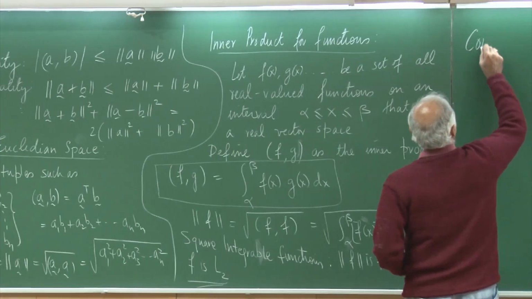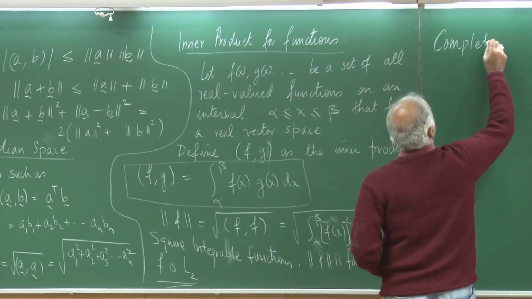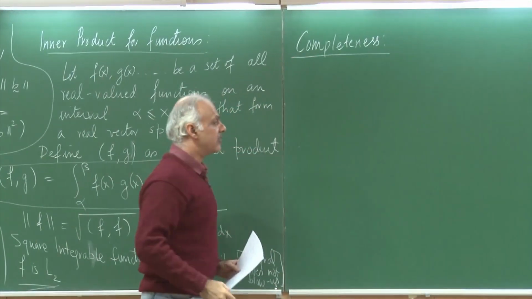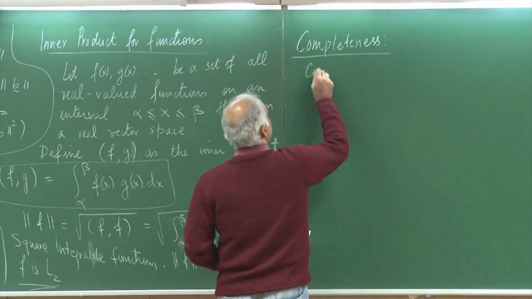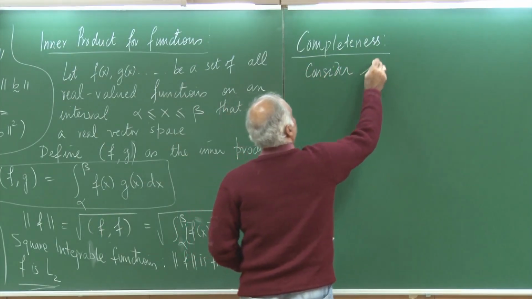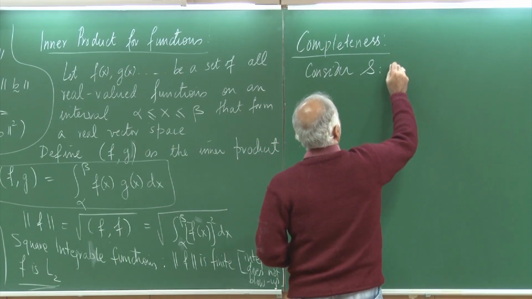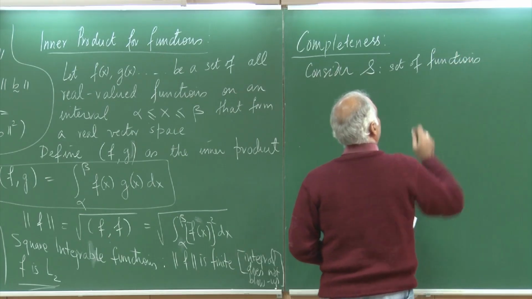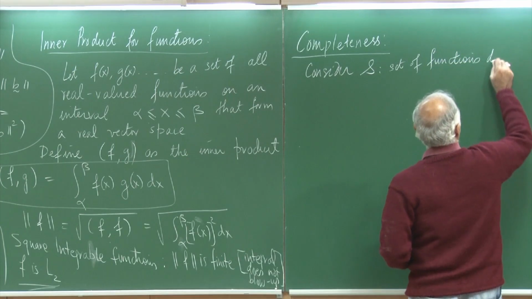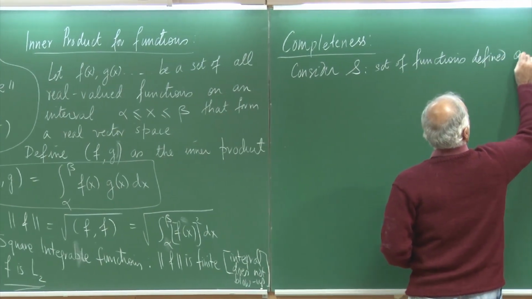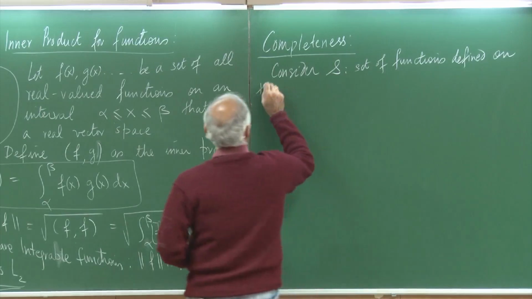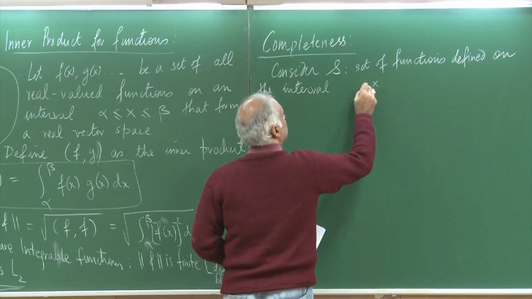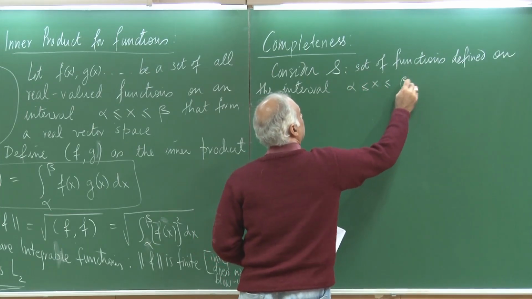Alright, let us look at another concept which is completeness. In fact, we have talked a little bit about it. So let us consider S, a set of functions defined on the interval x lying between alpha and beta.